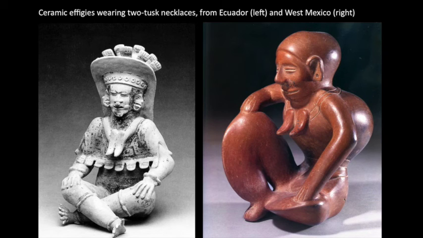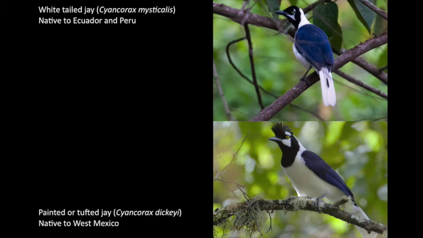An example from Ecuador is on the left, and from West Mexico is on the right. And the tusks might be from whales or from wild boars, so teeth from whales or wild boars. Finally, two closely related species of jay are found in both Mexico and Ecuador, and nowhere in between. Perhaps human trade explains why these related birds are found in both places.